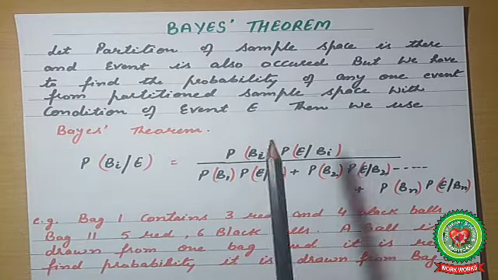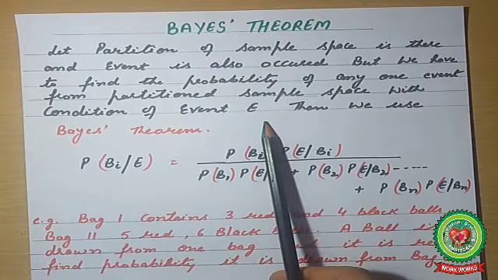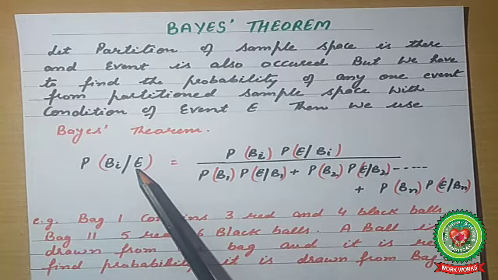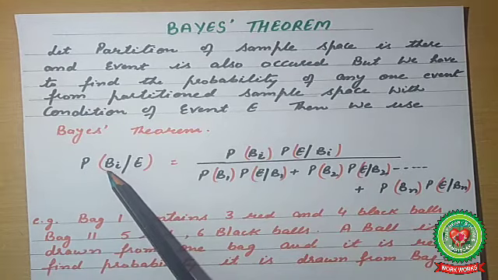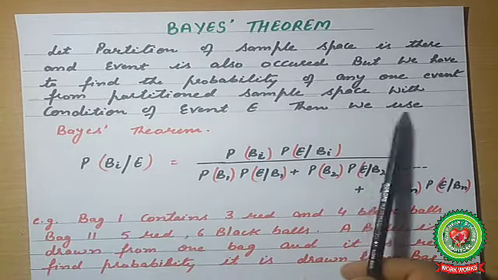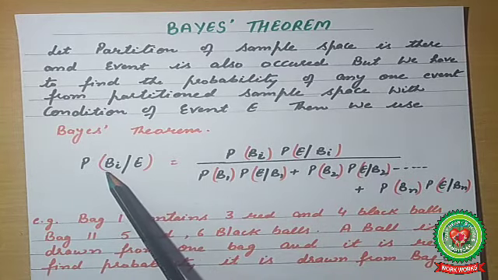But in Bayes theorem, we will find out the probability of one of the partitioned events with the condition of the given event. Then we have to solve with the Bayes theorem.